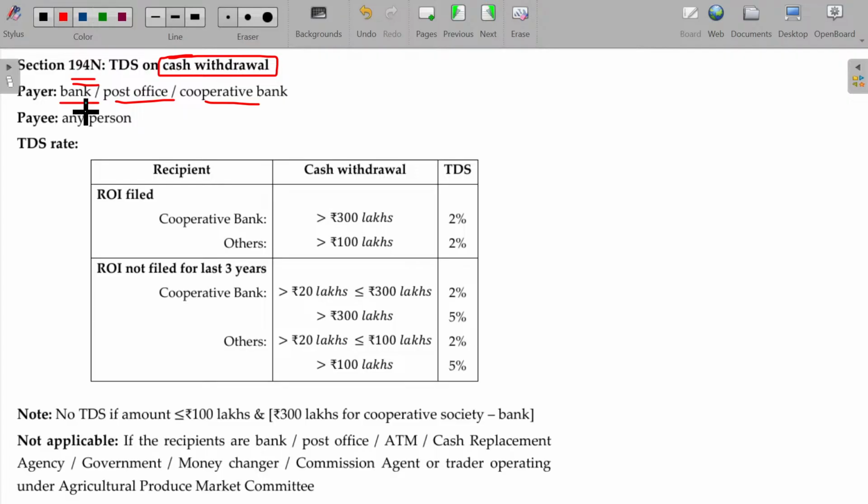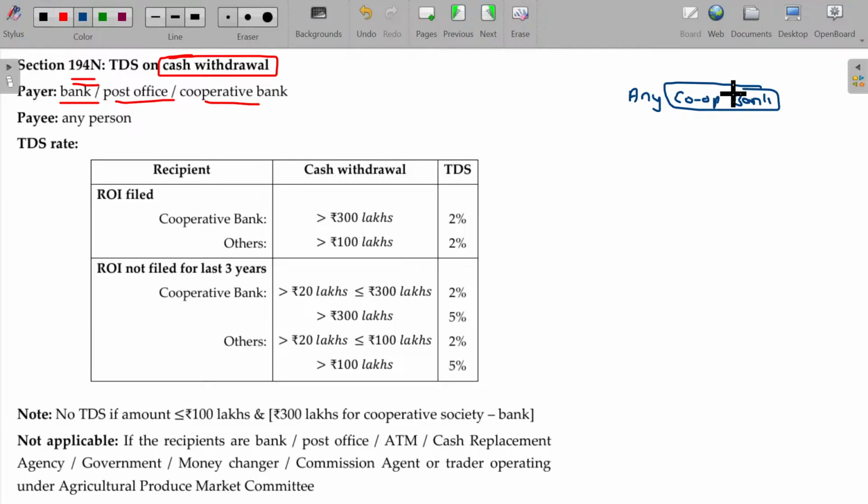Now, see, any person not being a cooperative bank.